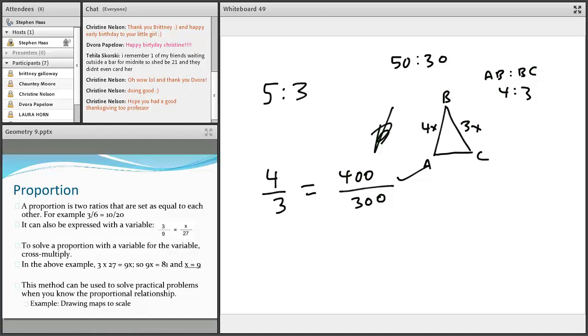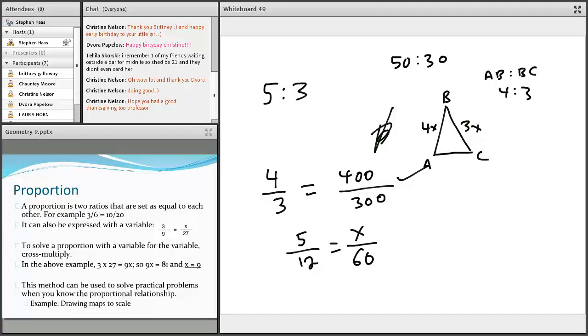The question becomes, what happens if you're not sure what one of the quantities is? For example, if I tell you that 5 is to 12 as x is to 60, how do I figure out what x is? So far this is not really geometry, this is an algebraic issue.